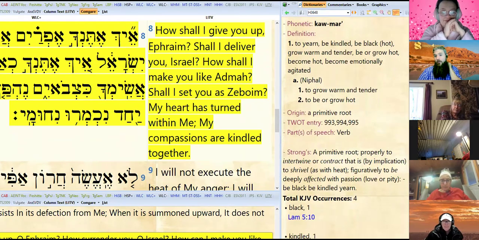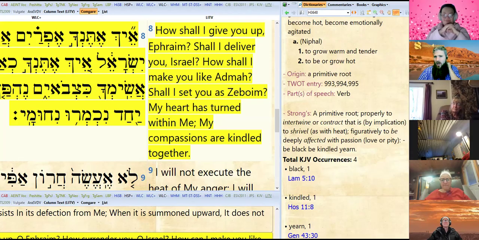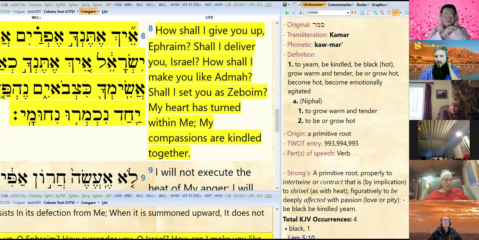It shows up a whopping 4 times in the Bible. In Lamentations, black, in Hosea, kindled, Genesis, yearned, and then in First Kings, you can't see it, it's off the screen. It's also yearn. So, to grow warm, tender, grow hot. But again, it only shows up 4 times in the Bible, so we don't have a whole lot of context to figure out exactly what it means.